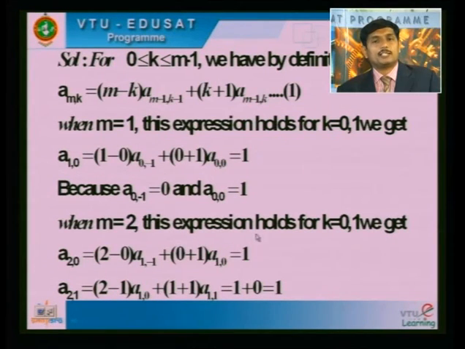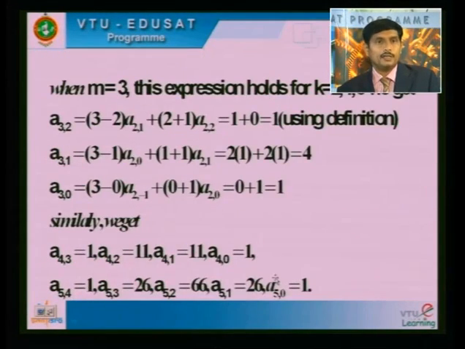When m equals 2, this expression holds good for k equals 0 and 1, we get A of 2, 0 equals 2 minus 0 times A of 1, minus 1 plus 1 times A of 1, 0, you know that A of 1, 0 is 1. Similarly we can find A of 2, 1, you get 1.